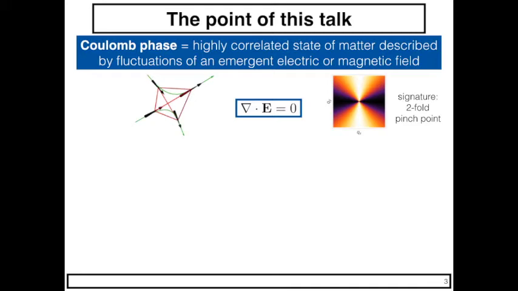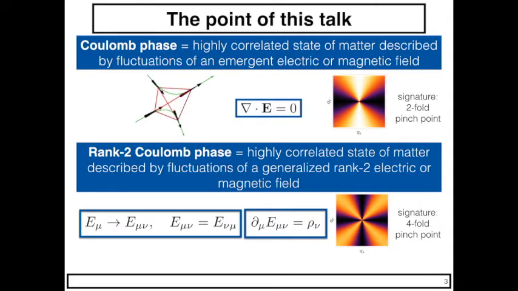More recently, it's been appreciated, at least in theory, that you can find more exotic generalizations of a Coulomb phase, where the emergent field describing the long wavelength physics is a rank-2 tensor instead of a vector, and it obeys a tensor generalization of Gauss's law. This state has its own signature in scattering experiments in the form of pinch points, but now with a fourfold symmetric structure.